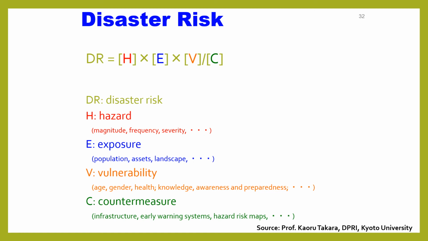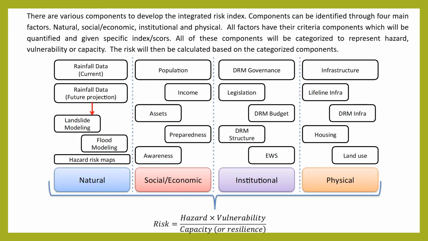It will reduce the risk, but if we have higher hazard, exposure, and vulnerability, it will increase the risk. So we can organize our data, the information that we put into our components of hazard, vulnerability, and capacity. We can separate it into natural, social, economic, institutional, and physical.